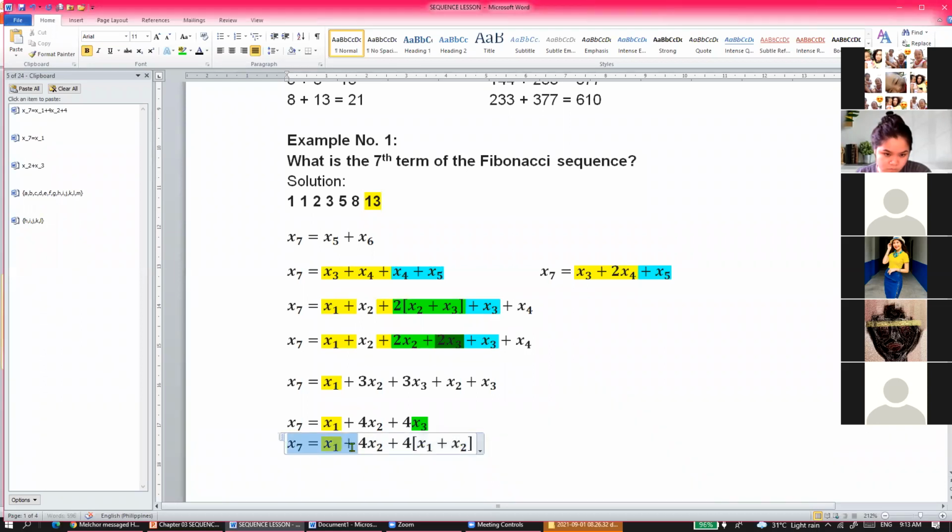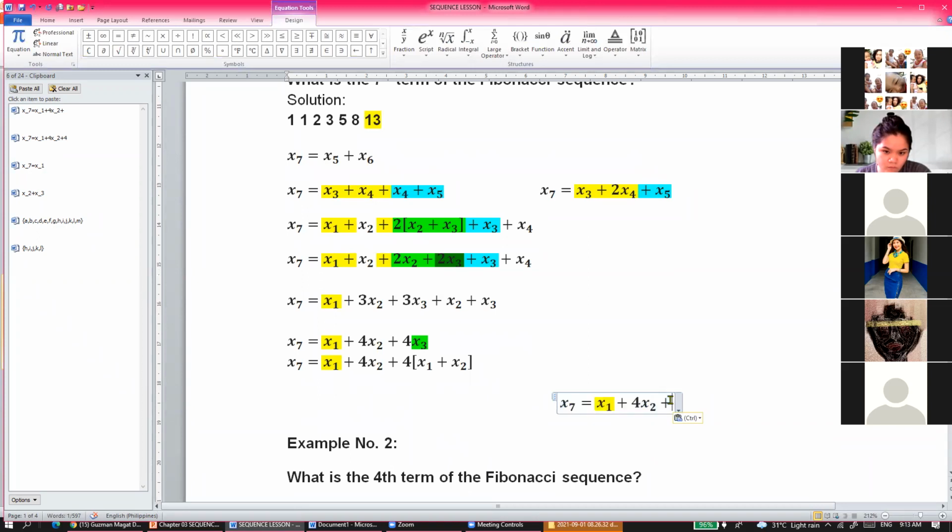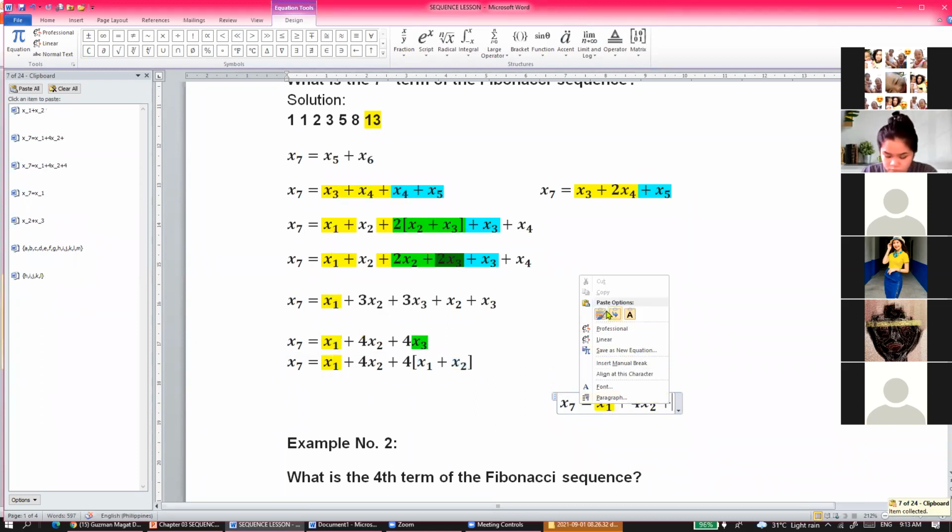That's why we have X sub 7. Copy ko muna hanggang doon sa plus. So, times 4 yung X sub 1, times 4 yung X sub 2.